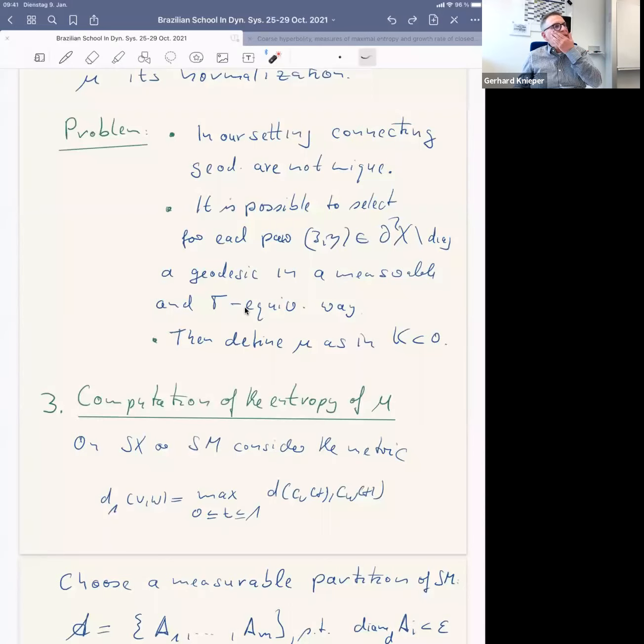Of course I did more or less this kind of thing in the case of non-positive curvature. Non-positive curvature is a little bit better because if you look at all geodesics connecting two points at infinity, they will bound a flat strip. And what I did in non-positive curvature was not to take the Lebesgue measure on a geodesic, but to take the volume of this flat strip.